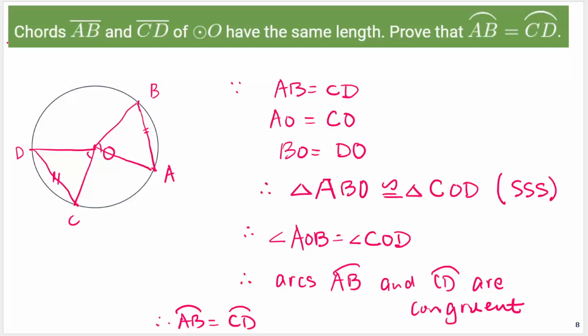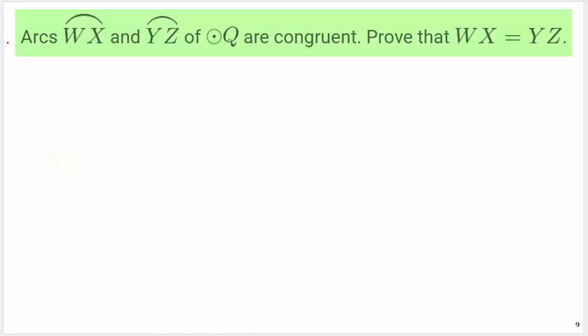Okay, so if you don't have any question here, consider if the reverse statement is also true. It seems like it's true, but you still need to prove that, right? So let's consider the reverse statement, which is if you have two equal arcs in a circle, can you prove that corresponding chords are equal?